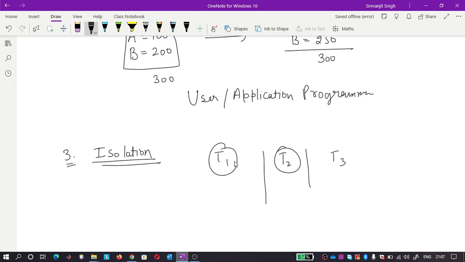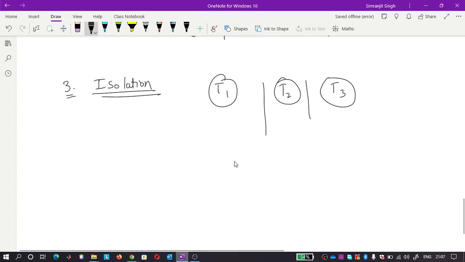Similarly, transaction T2 will think only I am executing at this time, and transaction T3 will also think the same. So they are not aware of each other. This is very much needed, that they should not be aware that other transactions are working in parallel. This is maintained by a software that is referred to as the concurrency control manager.